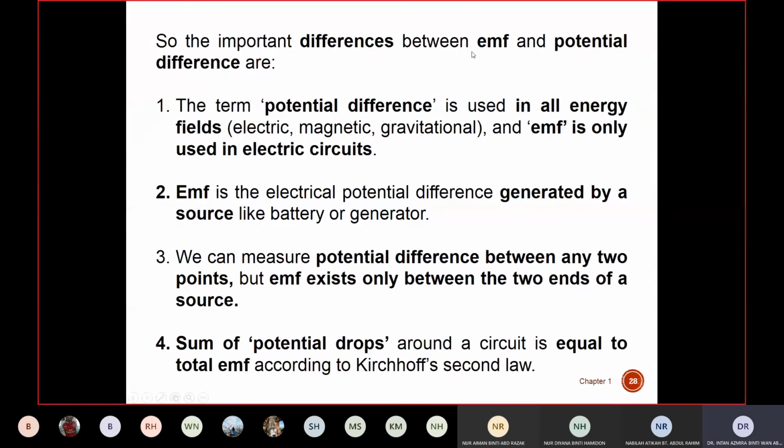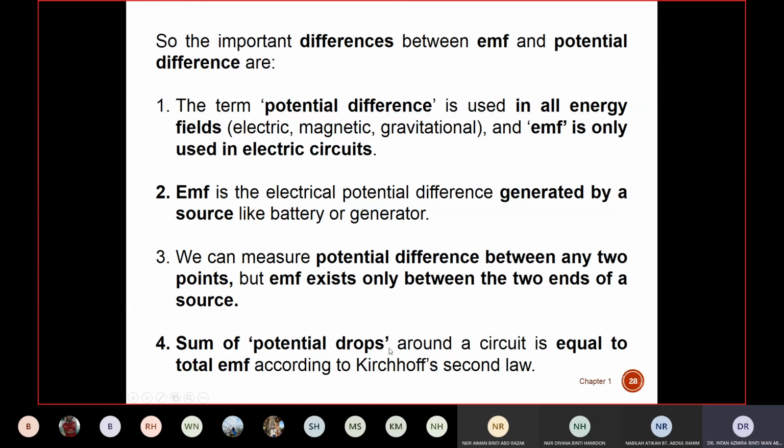The important difference between EMF and potential difference is that potential difference is used in all energy fields, while EMF is only used in electric circuits. EMF is generated by a source like a battery or generator. Potential difference exists between any 2 points, but EMF exists only between the 2 ends of a source.